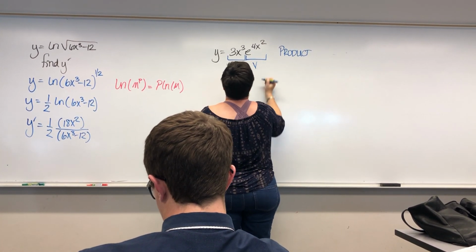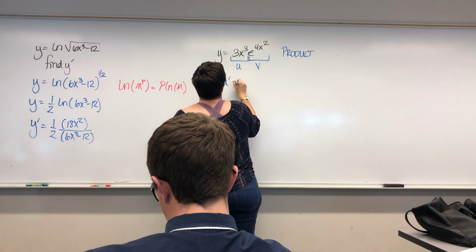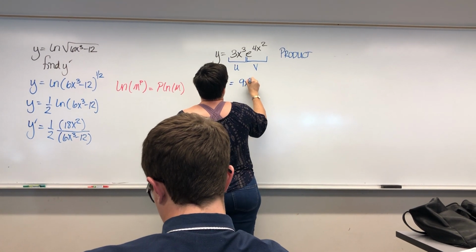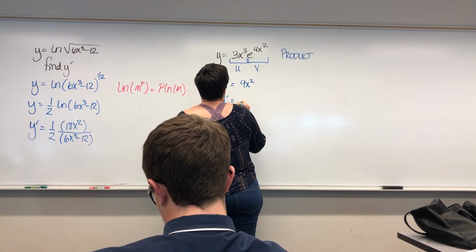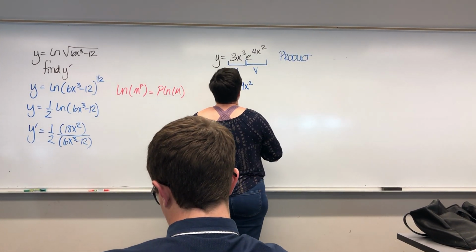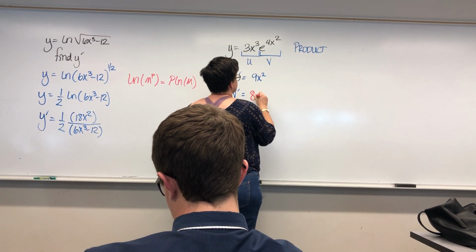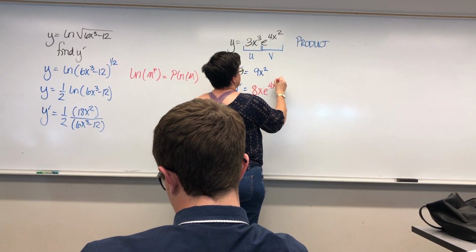And globally, that's my v. So u prime is going to be 9x squared. And v prime, we use the process for e to the u, which is going to be 8x e to the 4x squared.